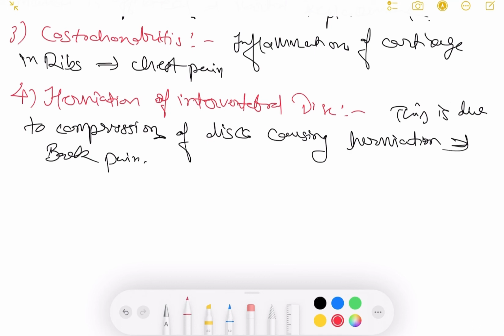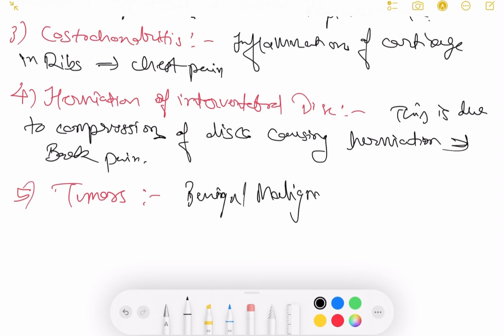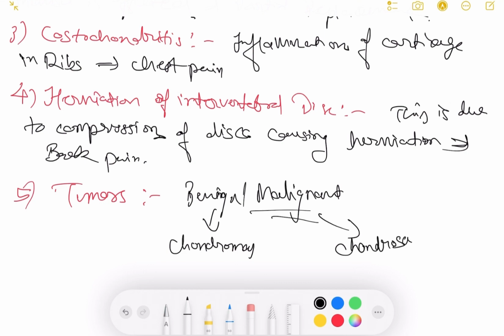Next and last, tumors of cartilage. That is benign or malignant. If it is a benign tumor, it is called chondromas. If it is a malignant tumor, it is called chondrosarcomas.